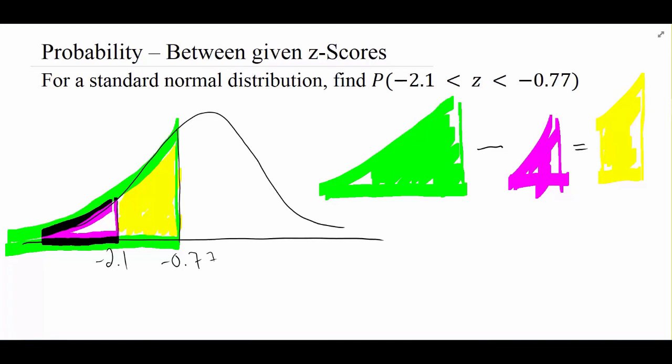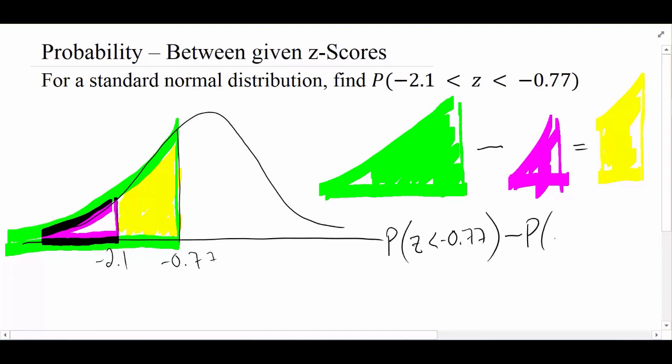So in terms of our table, we're going to say if I could find the probability that my z is less than negative 0.77 and subtract off the probability that the z is less than negative 2.1, that's going to get me my good value that I want.